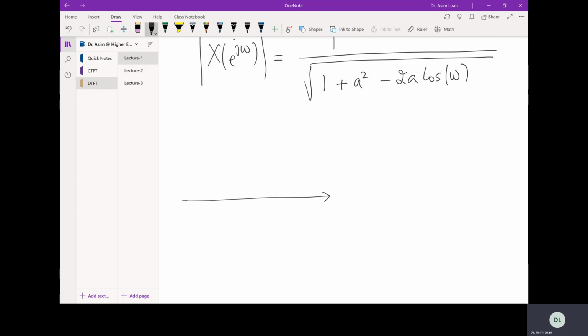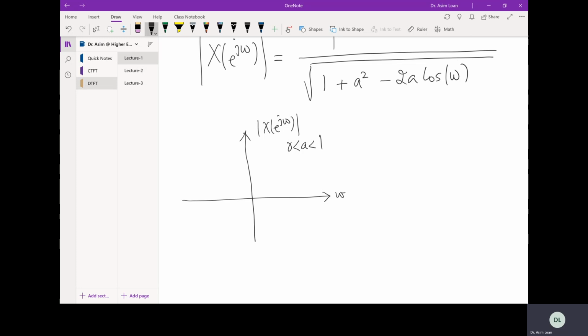If I plot this magnitude, we need to be careful that all these Fourier transforms are periodic. So let me plot this magnitude when 0 is less than a is less than 1.